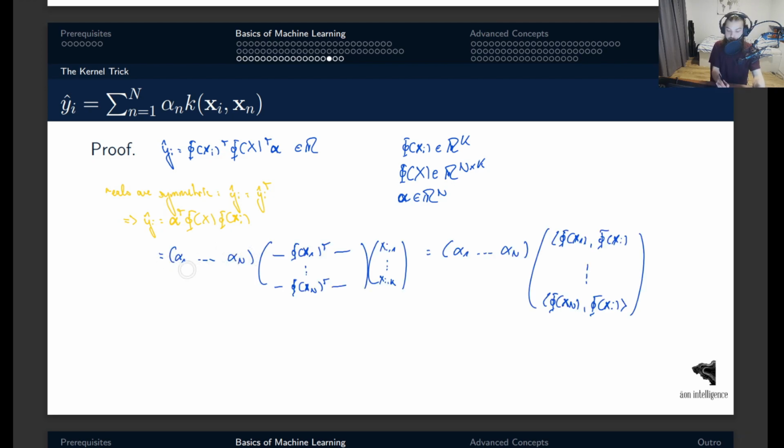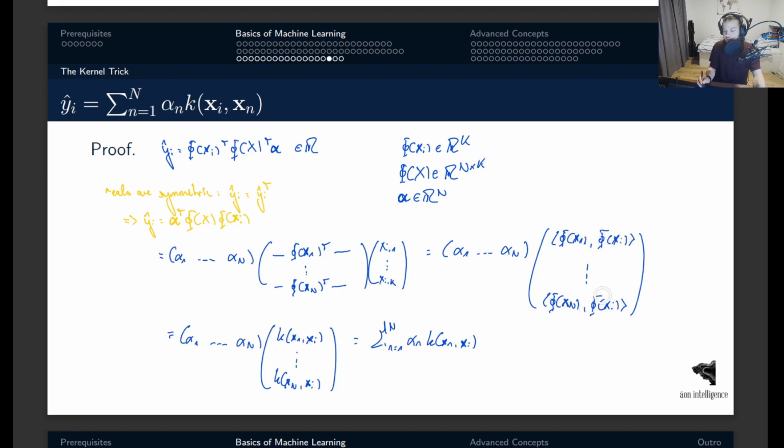So we have alpha transposed, it's a row vector, times phi x, which contains the feature mapped observations as row entries, and this feature mapped observation xi, which is a column vector. And then first we do the multiplication of phi x and phi xi, and we see that this yields for each row the inner product between the feature mapped observation and the feature mapped observation xi. So this is what we have here.